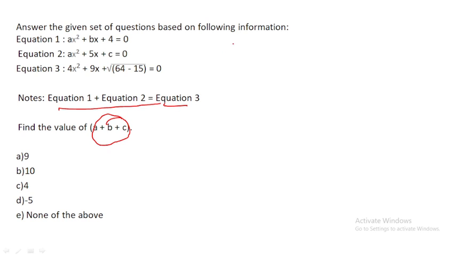So, how can we calculate this? By just comparing the data. Ax square plus bx plus 4, right? Equation 1 plus equation 2 equals equation 3. So we just have to add the equation 1 and equation 2 values. Plus ax square plus 5x plus c equal to 0.